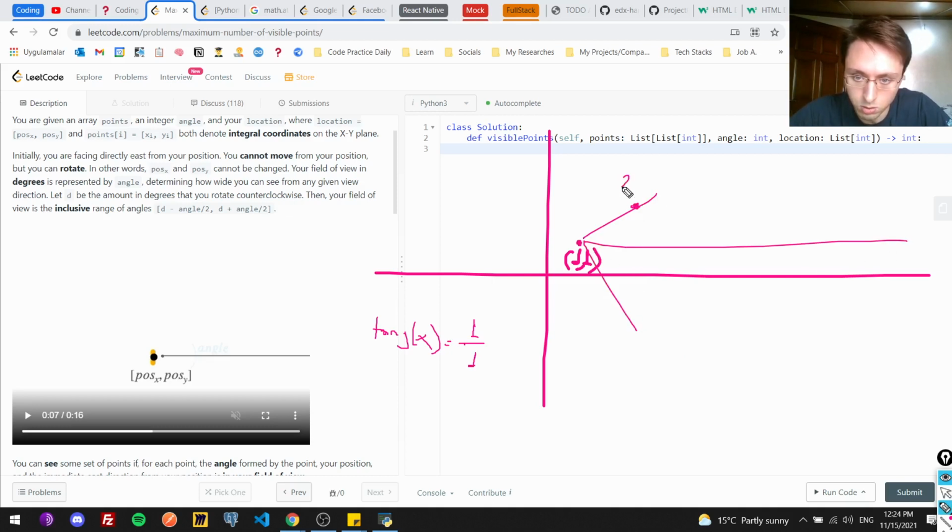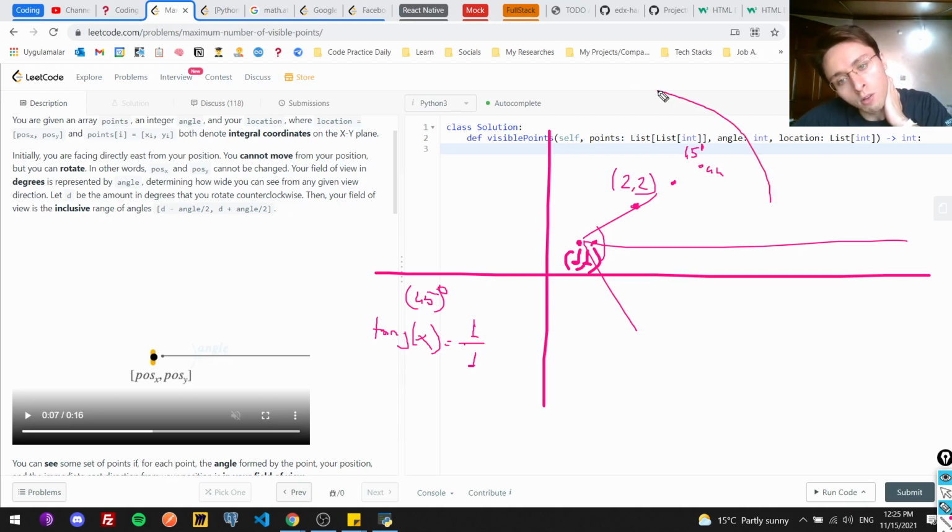And at this point it is 2, tangent is 1. I know that this is 45. My degree is 90, right? And then I also have 3, something like that, and then 4 5, and then 4 4. And when I sort this based on that, I will sort it in this order.